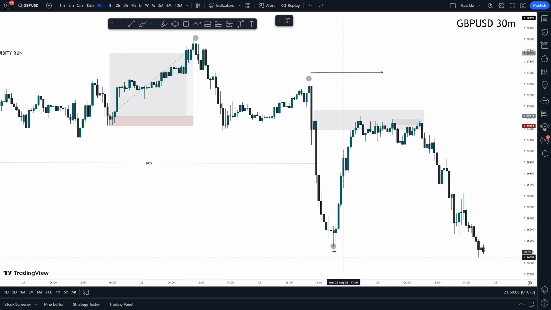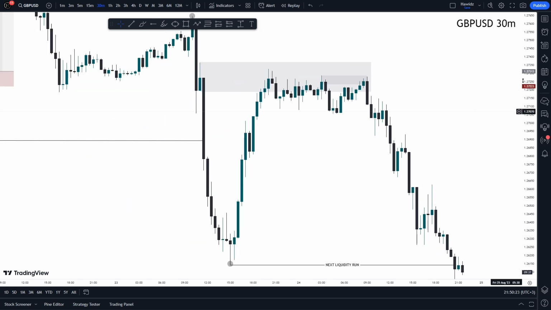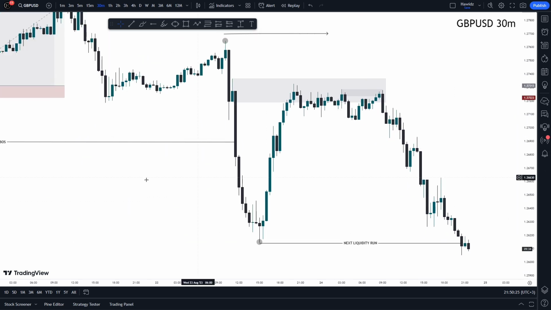So with that being said, this low right here, all right, so I'm just gonna use the line. So this low right here, for me, this was what I call my next liquidity run. And from this next liquidity run, my area of supply, of course, was this last buy to sell right here.